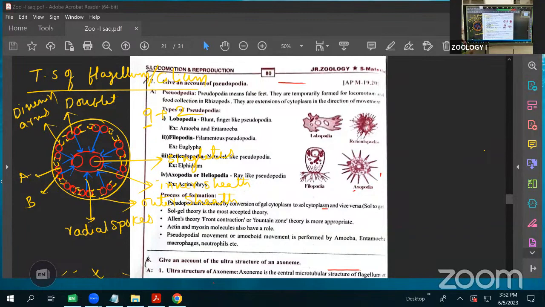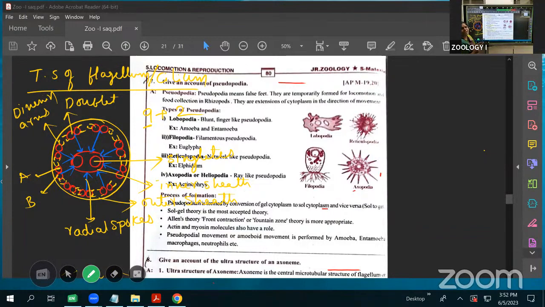We discussed the VSAQs: one is the kinety, and the second is distinguishing between the proter and opiste, and the TS of flagellum from this 5th lesson. Tomorrow, we have already completed the 6th lesson SAQs: the parasitic adaptations and the tobacco adverse effects.